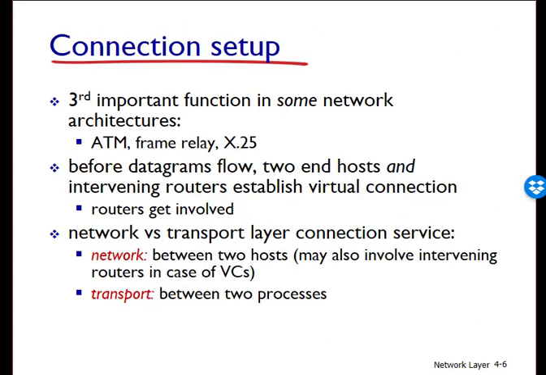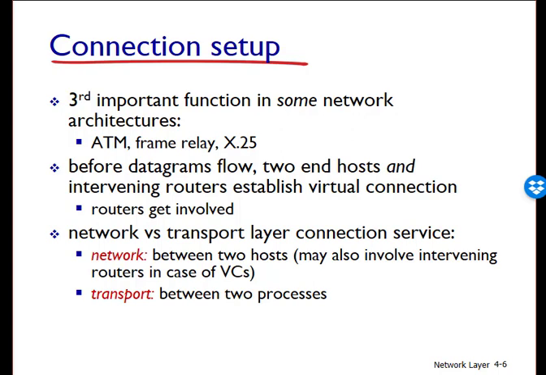We just said that the network layer has two important functions: forwarding and routing. But we'll soon see that in some computer networks there is a third important network layer function: connection setup. You remember from our study of TCP that a three-way handshake is required before data can flow from sender to receiver? This allows the sender and receiver to set up the needed state information, such as sequence numbers and initial flow control window size and so forth.